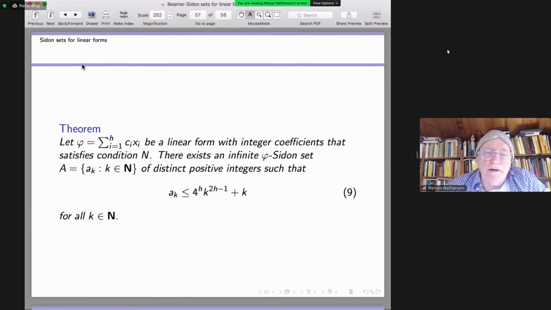One has also the following constructive remark: if you take your linear form with integer coefficients satisfying condition n, there exists a phi Sidon set of distinct positive integers that grows no faster than a sub k being k to the 2h minus 1 plus k. All right, so this is a little potpourri of results that come from just trying to extend the concept of a Sidon set to linear forms.